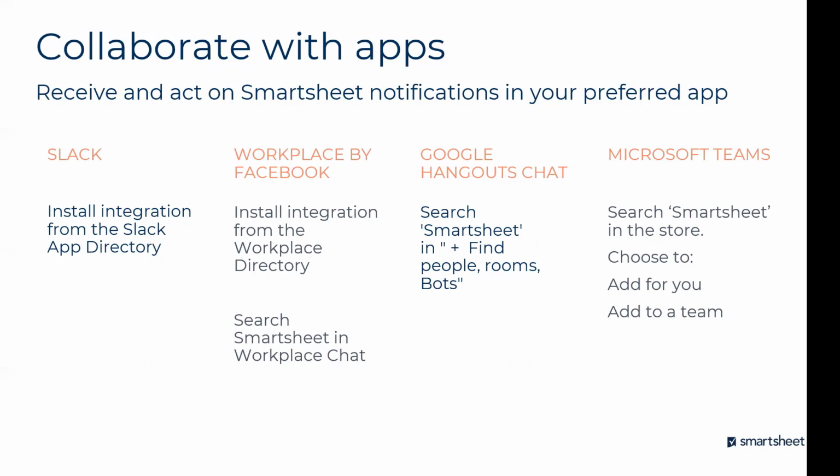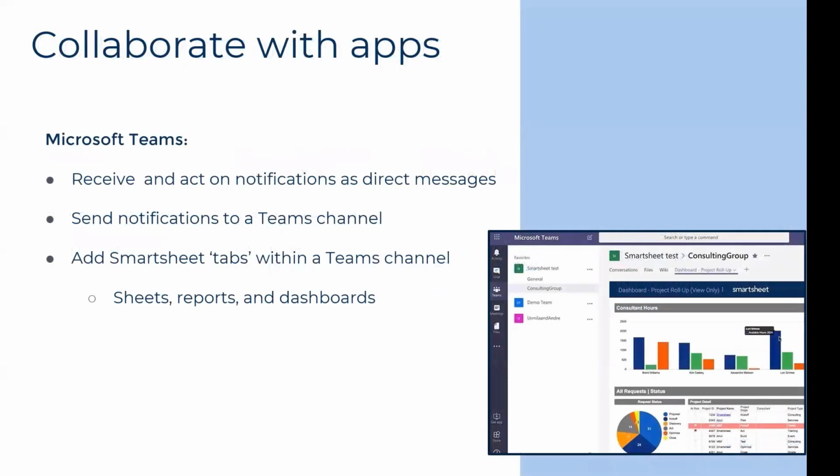Another powerful way, in addition to some of these items, is using Microsoft Teams, because there are several different ways to work in Microsoft Teams above what some of the other integrations have. With Microsoft Teams integration, you can actually receive and act on notifications as direct messages to yourself, or you can have these notifications sent to a Teams channel.